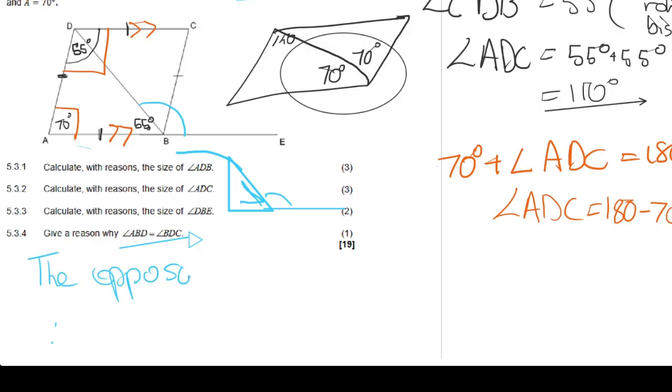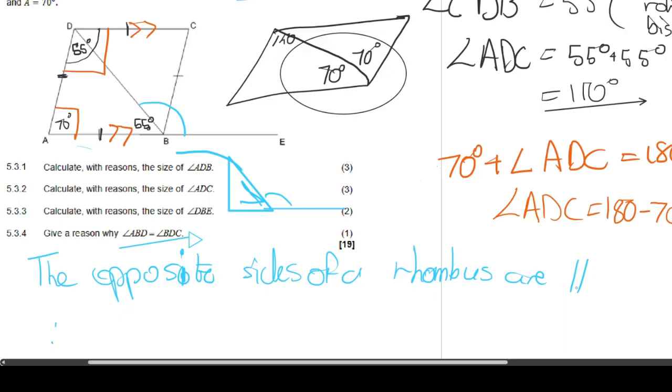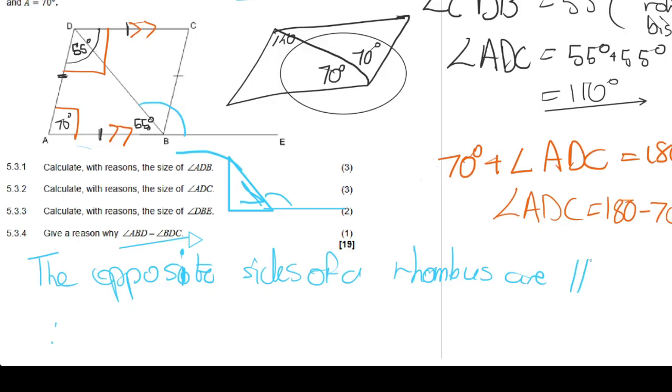Therefore, those ones are equal. The opposite sides of a rhombus are parallel. Okay.